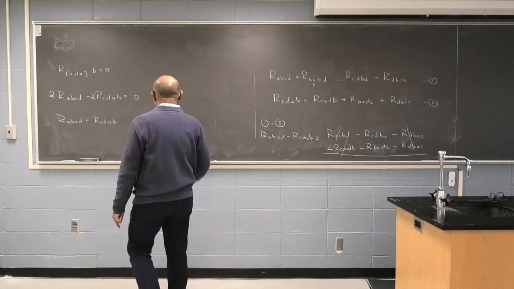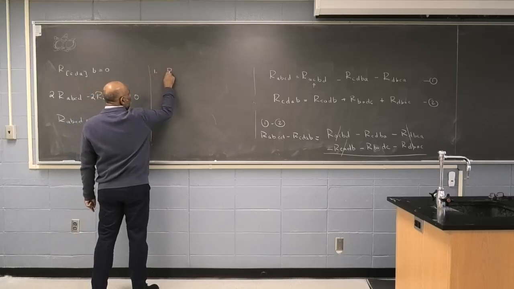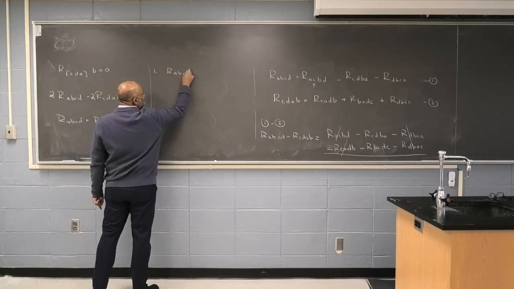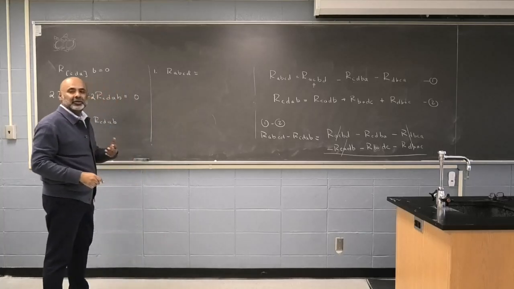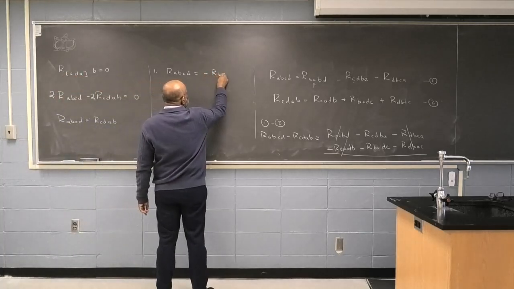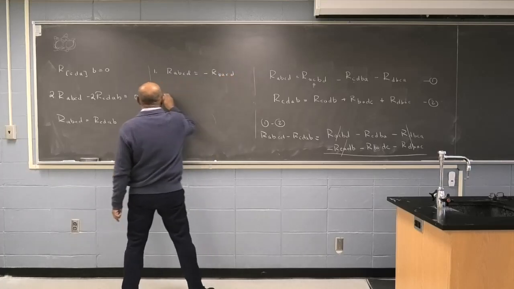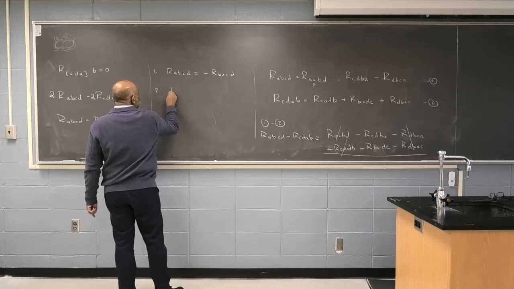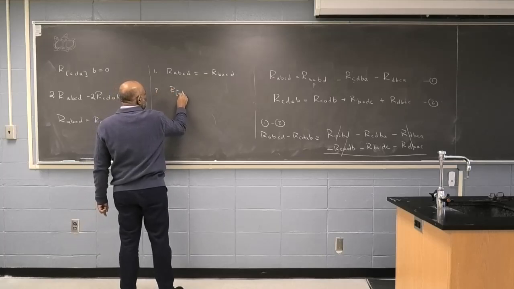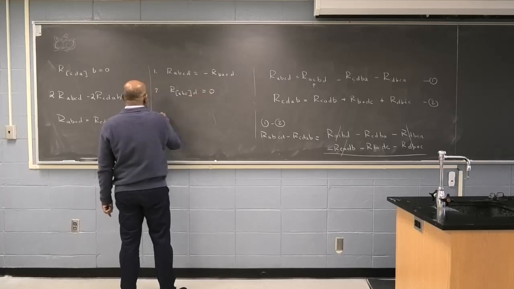So let me recap property 1. You can, at this point, take this for granted. Whenever you need to, you just come back and look at it. Minus R, B, A, C. Property 2 is the weird one. I can put this up or down, it doesn't matter.